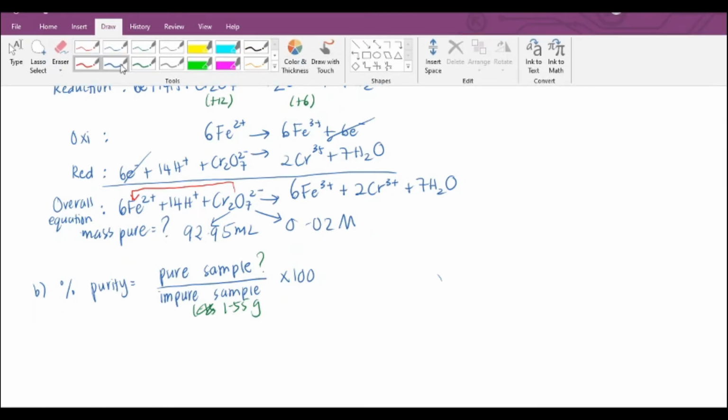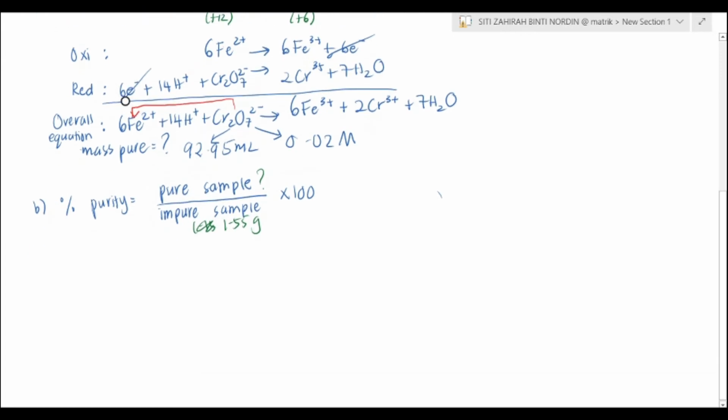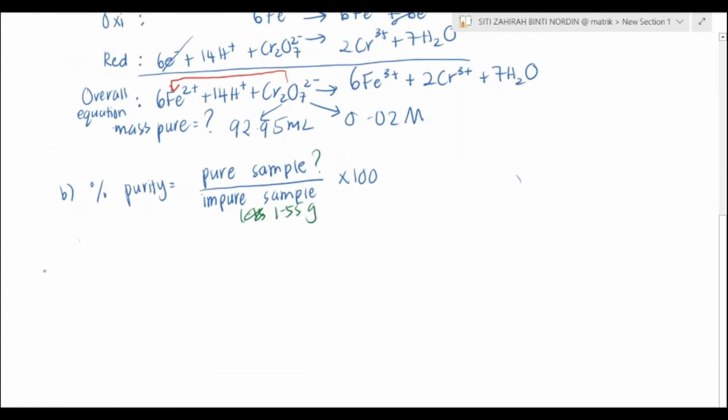Okay, so first step, in order to find the mass of pure Fe, you need to find the mole and the molar mass of pure Fe2 plus.